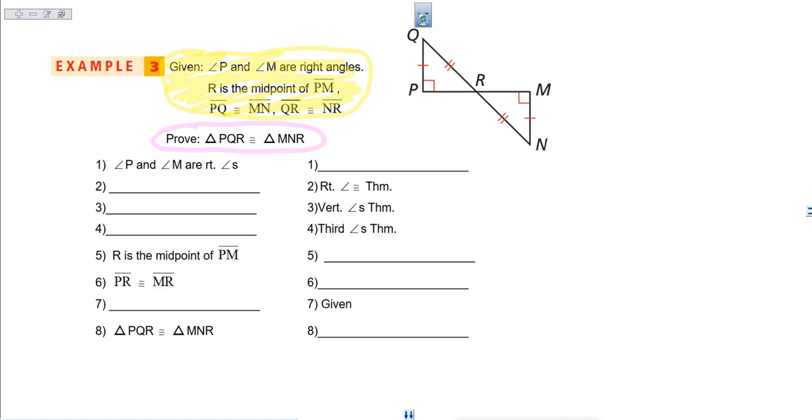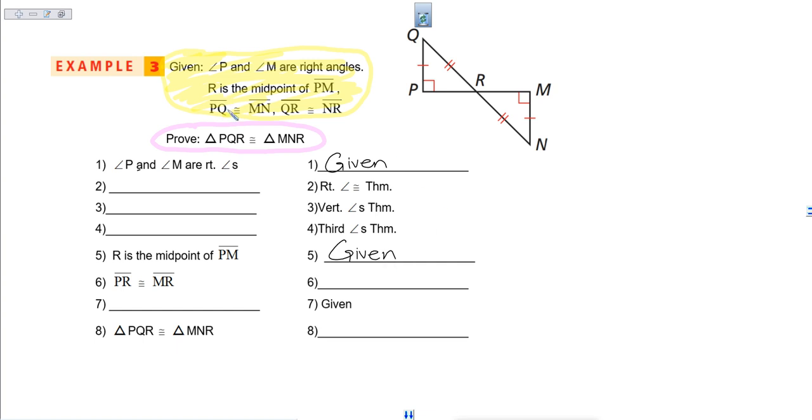Only what says given. So we need to look for angle P and angle M are right angles and write given to it. That's our first one. Then we need to find R is the midpoint of segment PM. So number 5. We'll write given next to it.